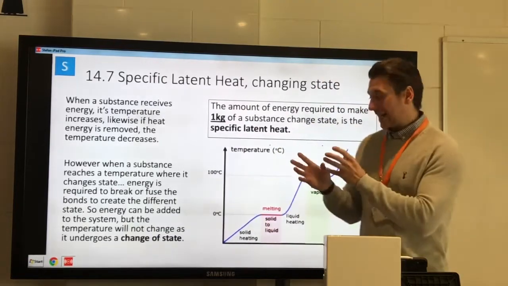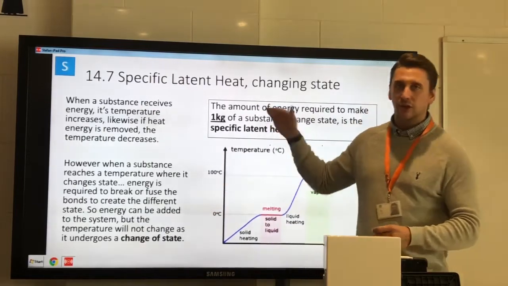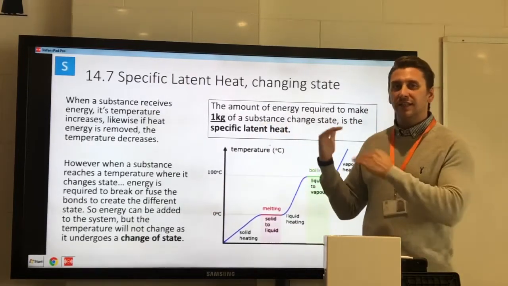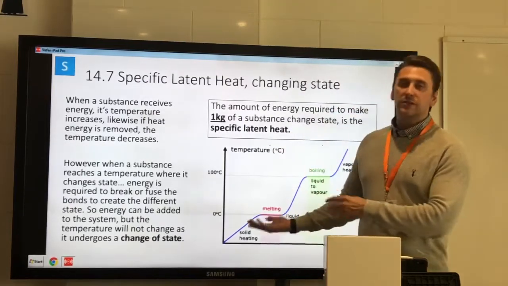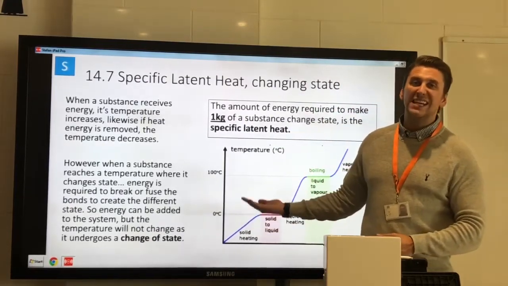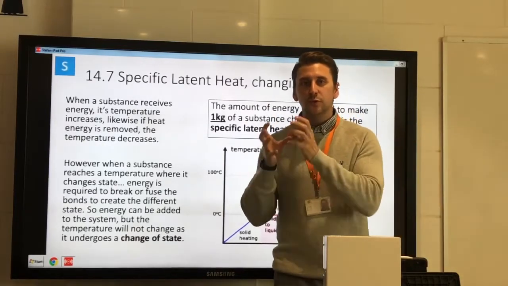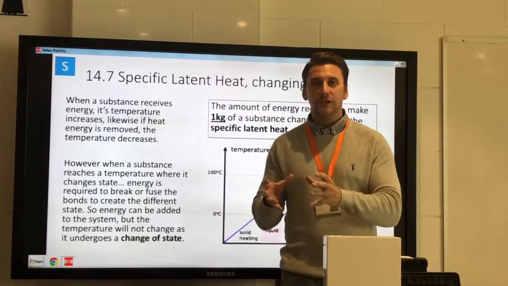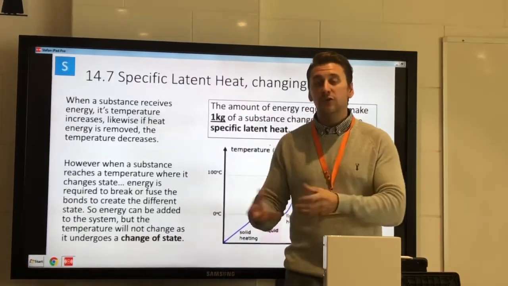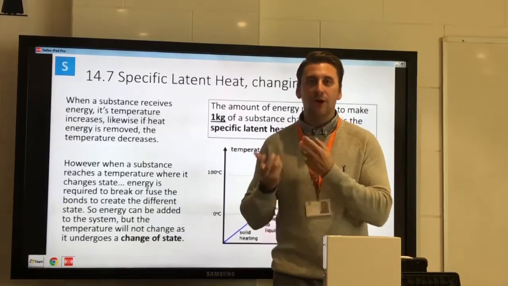That means the latent heat of melting as well, it can be fusing or melting or condensing, so at different states there's different requirements, different energy needed. But if I say water is 2,000 joules per kilogram latent heat of melting, then what that means is 2,000 joules would be required to melt 1 kilogram of water, ice to water, or 2,000 joules is required to change the state of 1 kilogram of water.